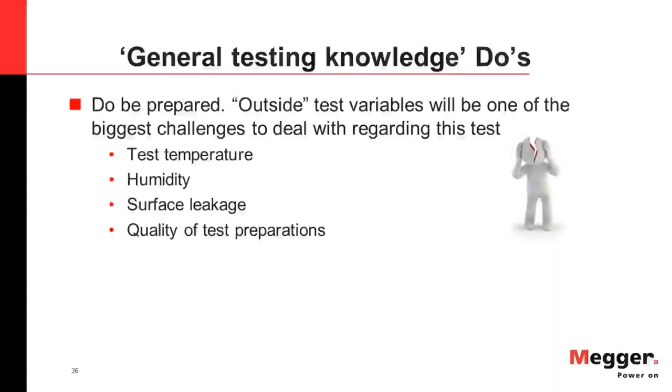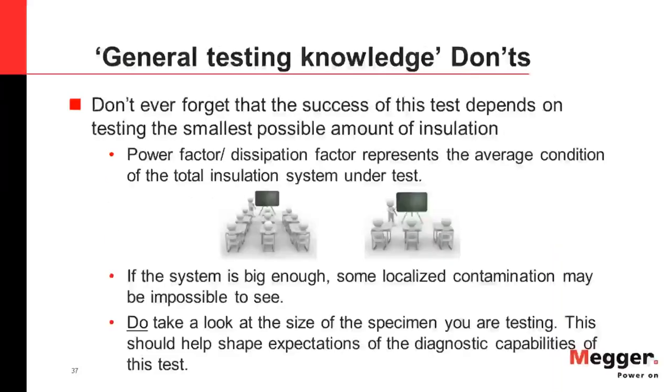So I have 2 don'ts regarding this category, general testing knowledge. The first is, don't ever forget that the success of this test depends on testing the smallest possible amount of insulation. It all comes down to the fact that power factor or dissipation factor represents the average condition of the total insulation system under test.